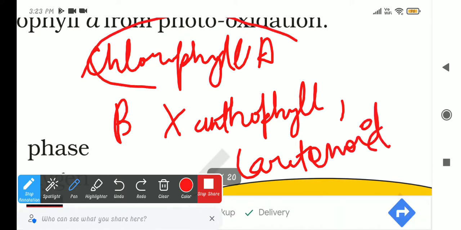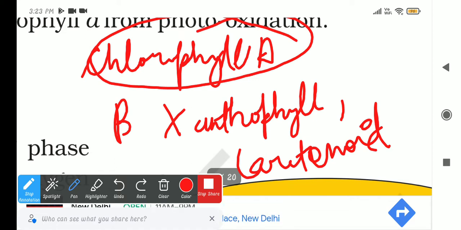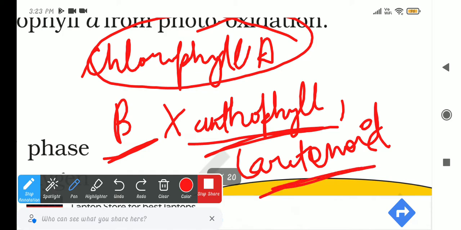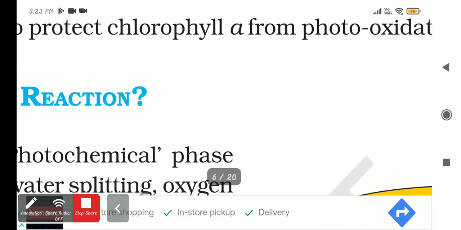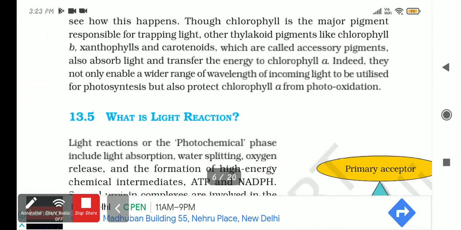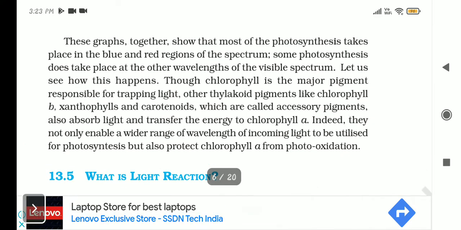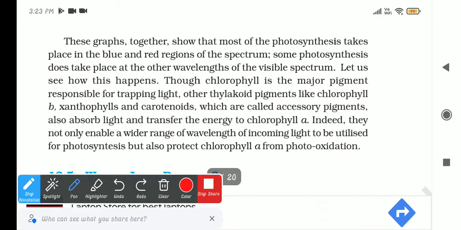So chlorophyll A is the maximum absorber. But what's the role of B, xanthophylls, or carotenoids in it? The maximum work is done by chlorophyll A, no? So what's the function of them?